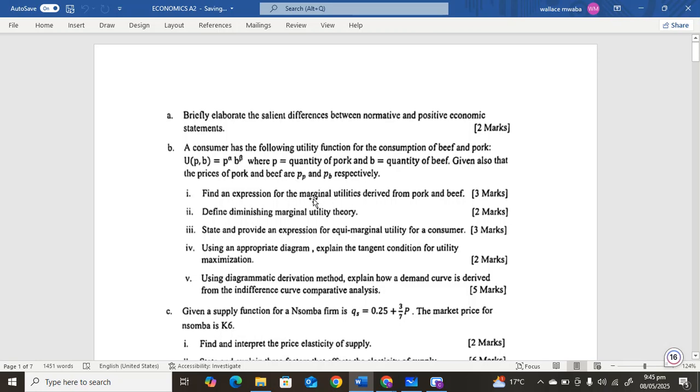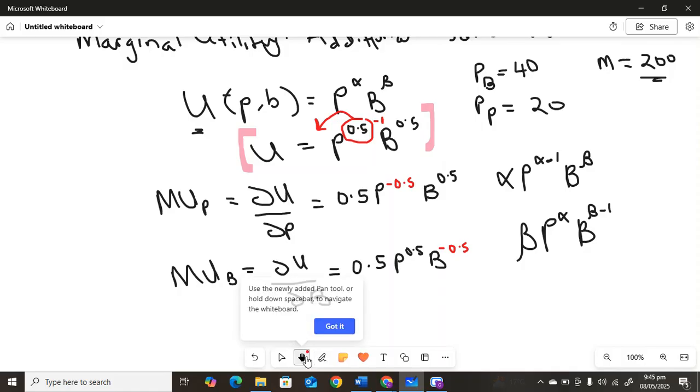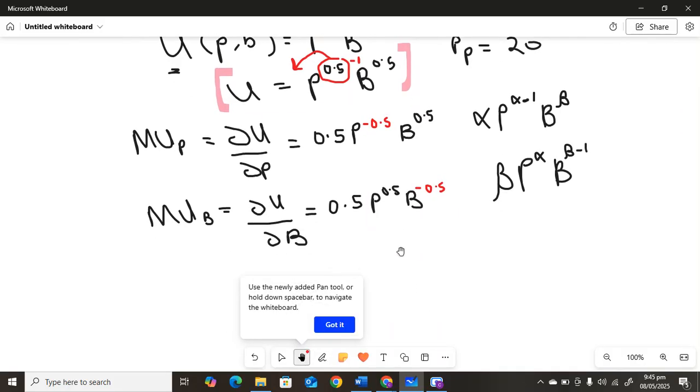So here we're doing part one, where we say find the expression for the marginal utilities derived from pork and beef. Yes, so I was asking, are there any questions here?